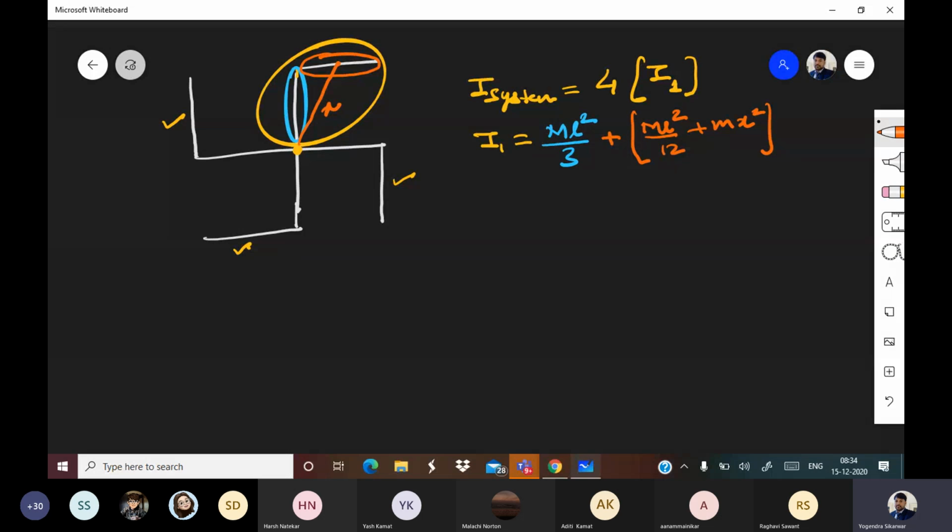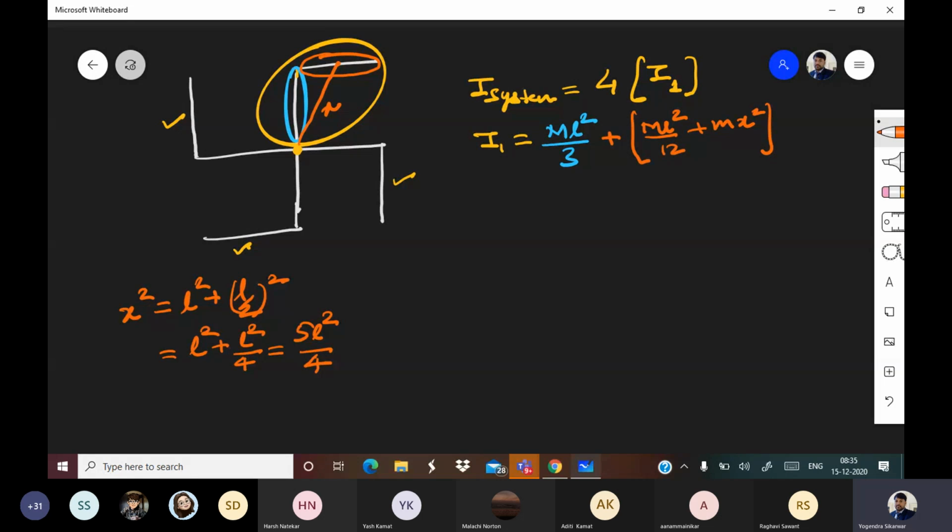Now, how much is the value of this x? So x square basically will act as the diagonal, or you can say hypotenuse. So x square is equal to L square plus L by 2 whole square, that is L square plus L square by 4, so 5L square by 4.